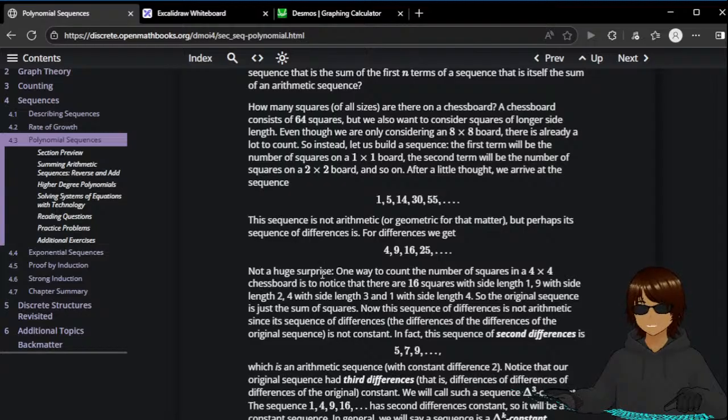Not a huge surprise. One way to count the number of squares in a 4 by 4 chessboard is to notice that there are 16 squares with side length 1, 9 with side length 2, 4 with side length 3, and 1 with side length 4. So the original sequence is just a sum of squares.